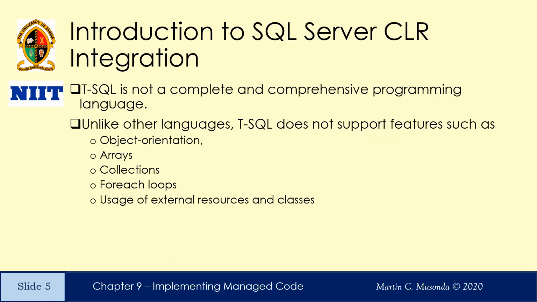Introduction to SQL Server CLR integration. T-SQL is not a complete and comprehensive programming language. Unlike other languages, T-SQL does not support features such as object orientation, arrays, collection for each loops, usage of external resources and classes. What do we understand by object orientation?